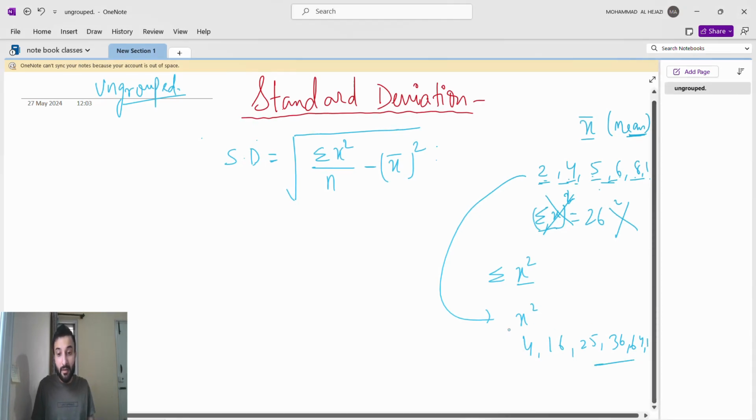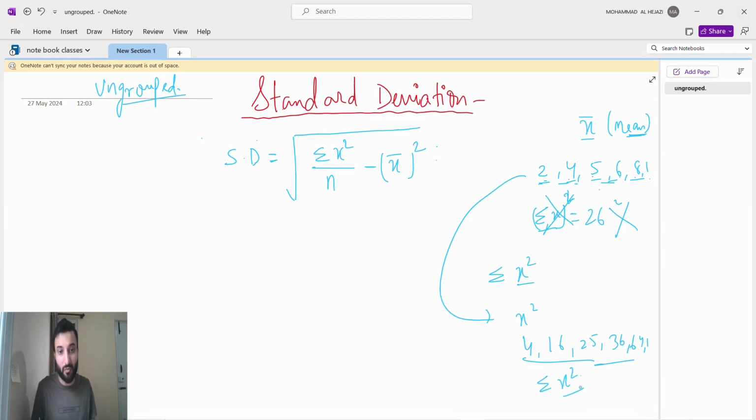This is x square. Then you add all of this, summation of x square, and write it here. Remember, guys, this is a summation of x square, not the summation of x whole square.